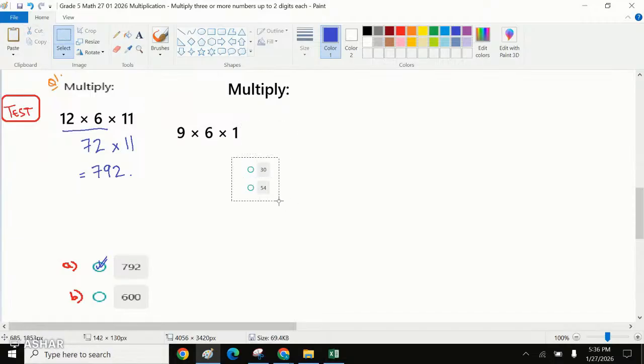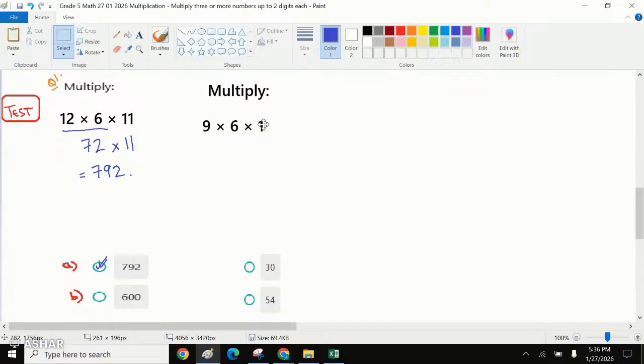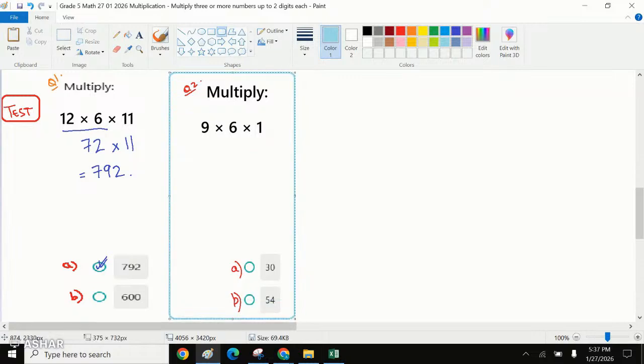Thank you for answering. The next question we have is 9 multiplied by 6 multiplied by 1. We are trying to multiply these numbers. So in question number 2, option A or option B? 9 multiplied by 6.